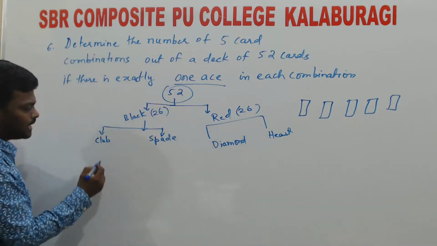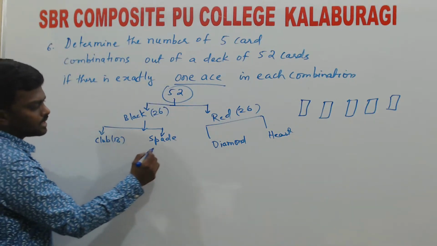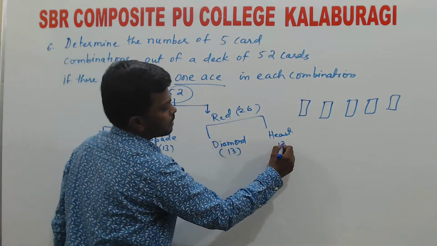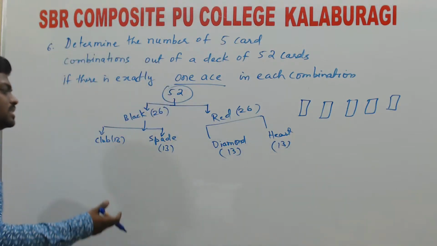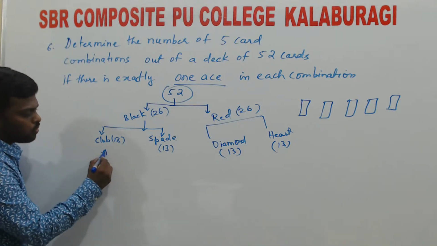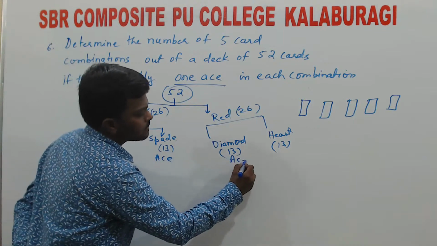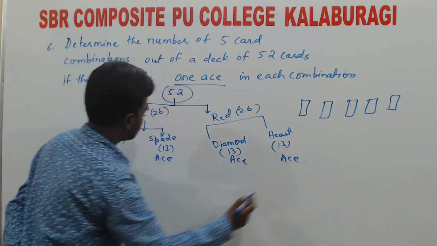They are equally divided, so club comprised 13, spade 13, diamond 13, heart 13. One of those 13 was the ace card, so in every suit there will be one ace.